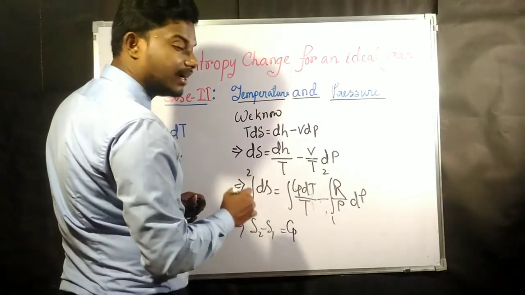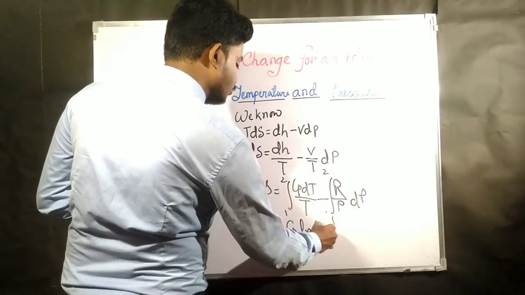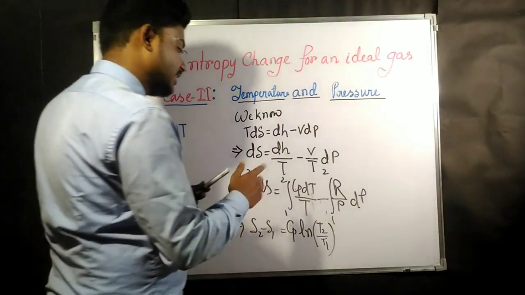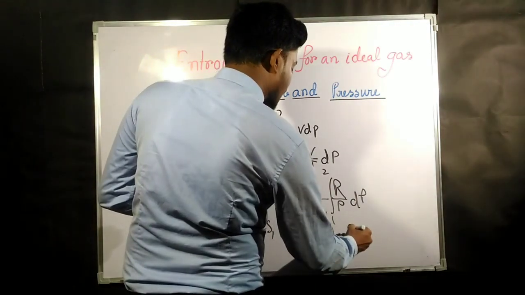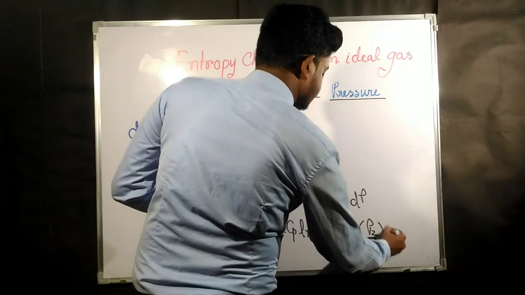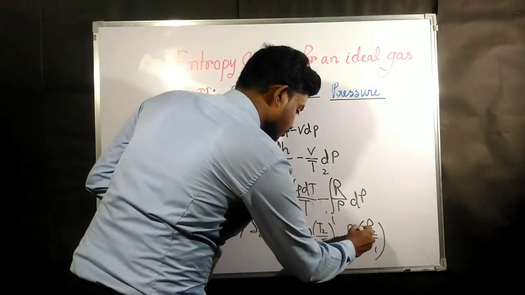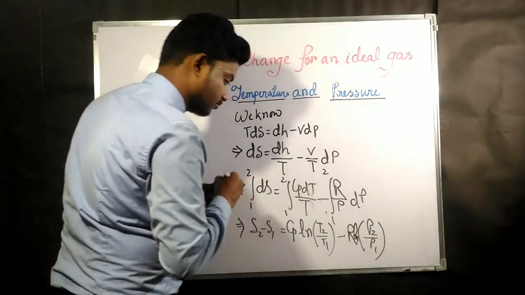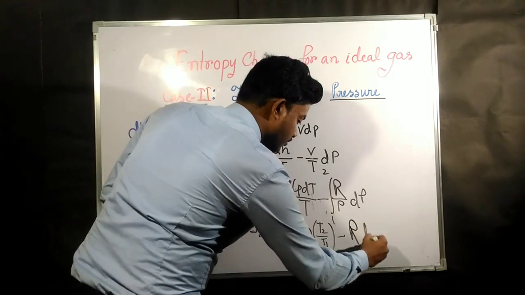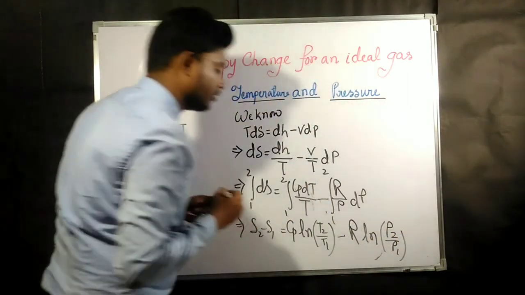Since it is dT by T, again it is going to have a natural log term, which is going to be Cp ln T2 by T1, minus R into ln of P2 by P1.